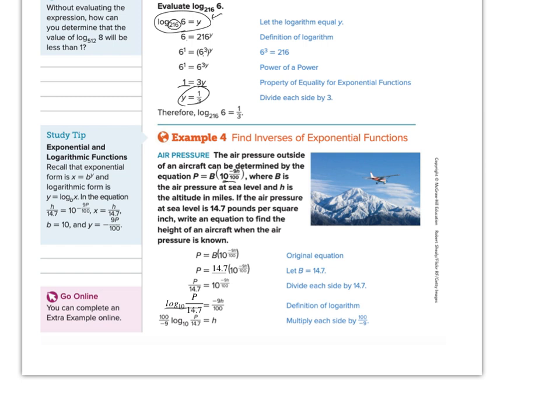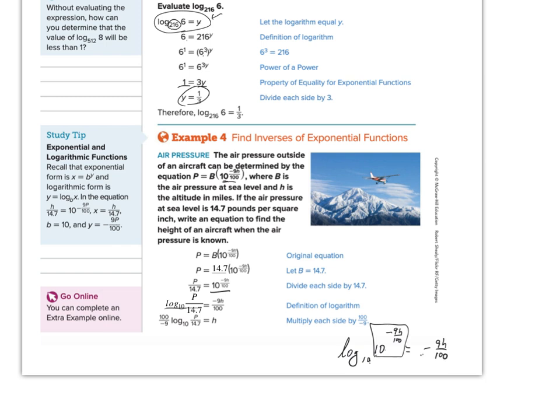So when we take this, and just thinking about it, we have the log base 10 of 10 raised to negative 9h over 100. And I think what they're saying is, this number raised to what exponent equals this? Well, this number is this number, so I just need to raise it to this exponent.